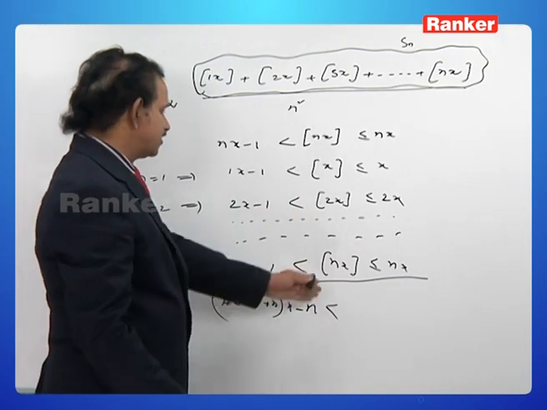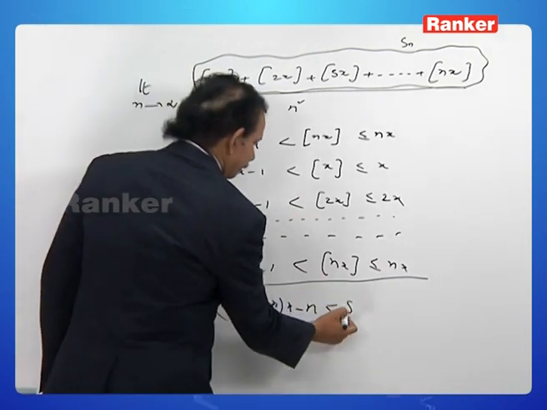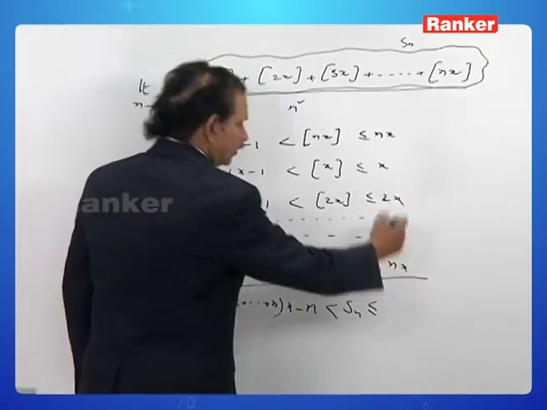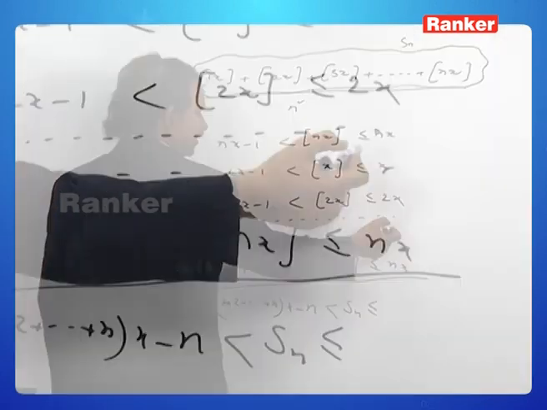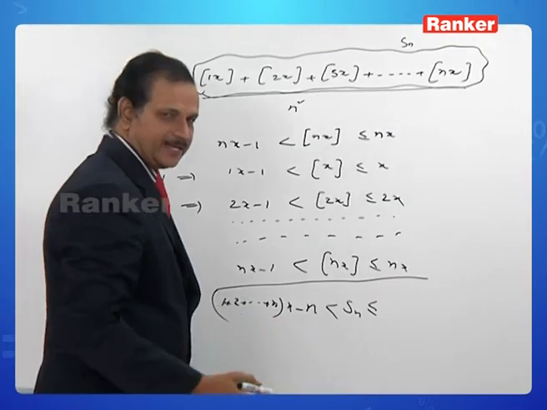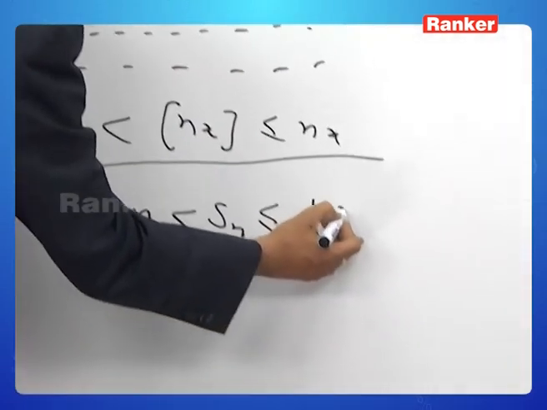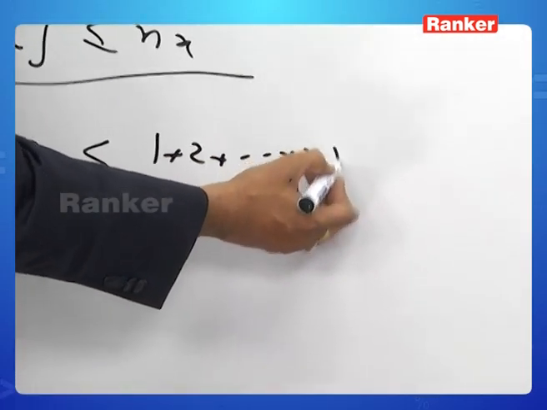If you add all these things, Sn is less than or equal to 1x plus 2x plus 3x and so on up to nx, which again equals (1 plus 2 plus 3 and so on up to n) into x.